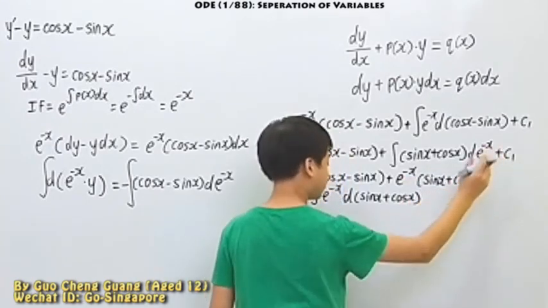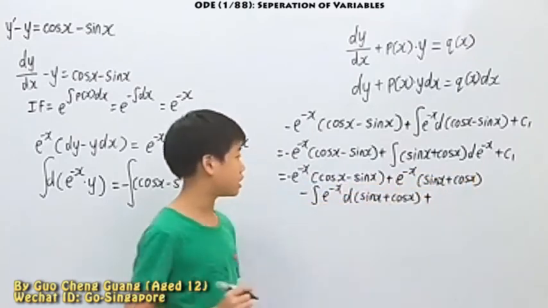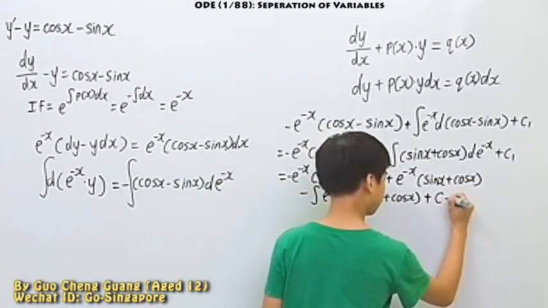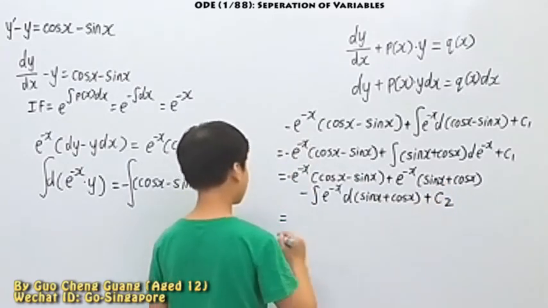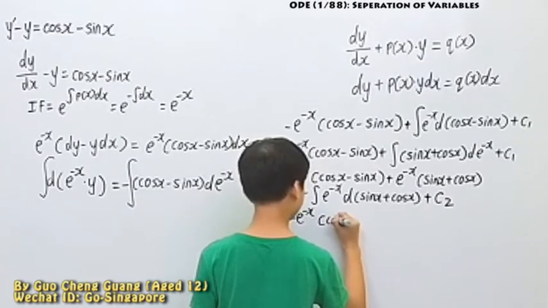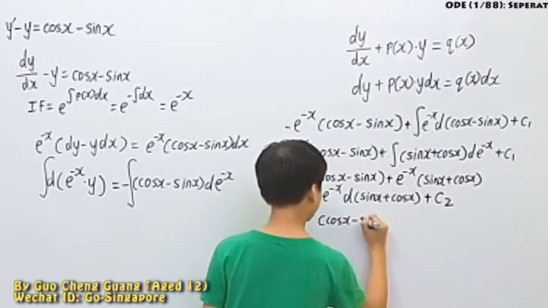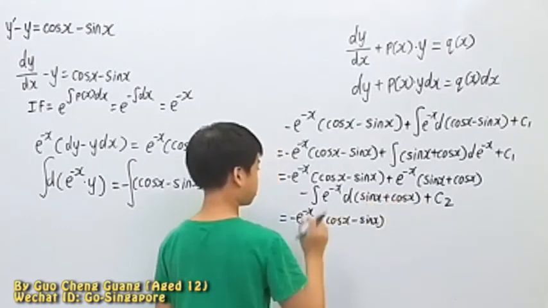Then here, the arbitrary constant changes, since you have done the second time of integral by parts. These two parts still the same. But right now here, we'll only take this part out.